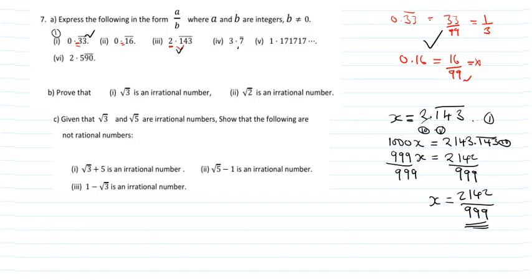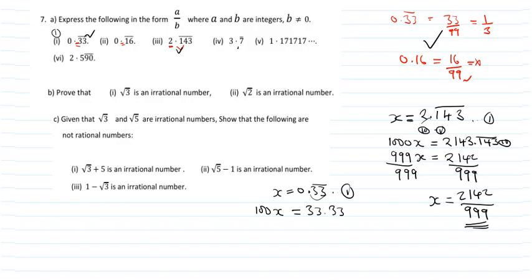So you would have said let x be equal to 0.33 bar, like that. Okay, so you multiply times 100 so that this point can move there. This will be your equation 1. So x times 100 will be 33 bar, like that.